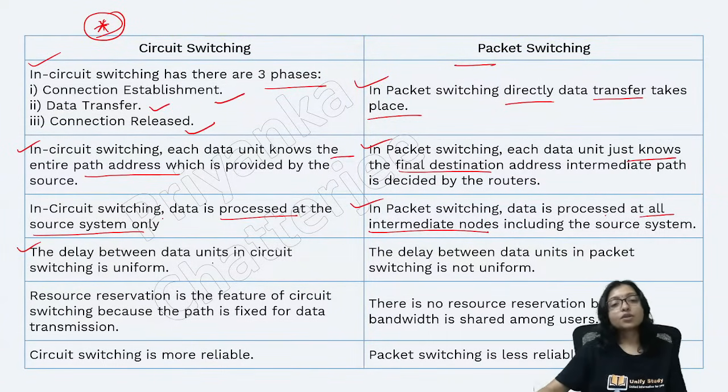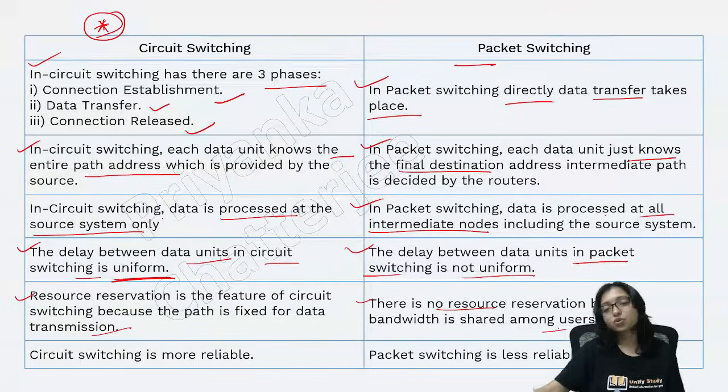The delay between the data units in circuit switching is uniform here, and the delay between the units in packet switching is not uniform. Resource reservation is done in circuit switching, and there is no resource reservation in packet switching.